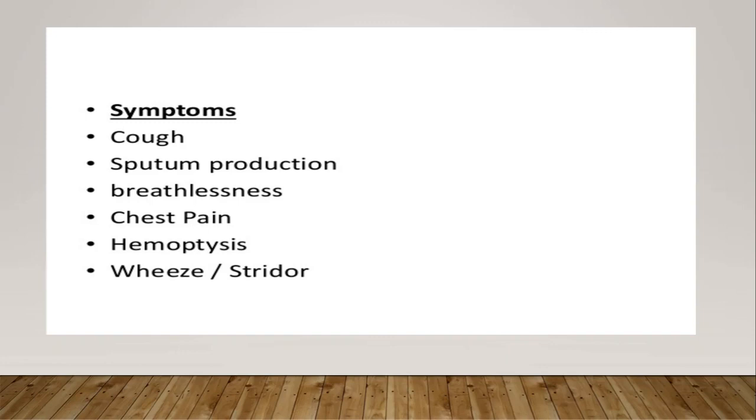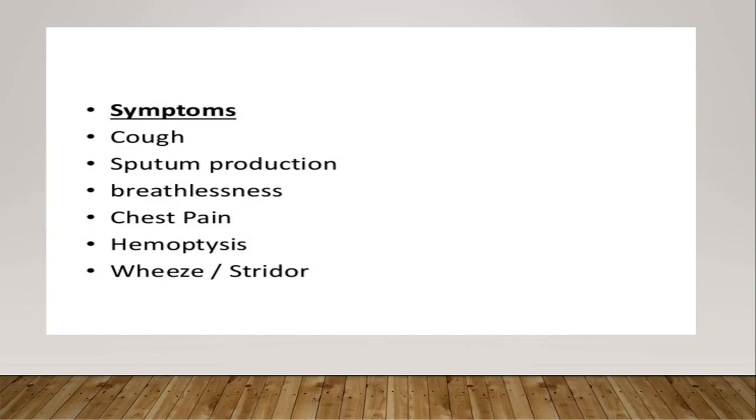Hemoptysis is another symptom. We have to ask about the volume of the hemoptysis, coughing up blood. If it is 100 ml or less within 24 hours, it is considered mild hemoptysis.